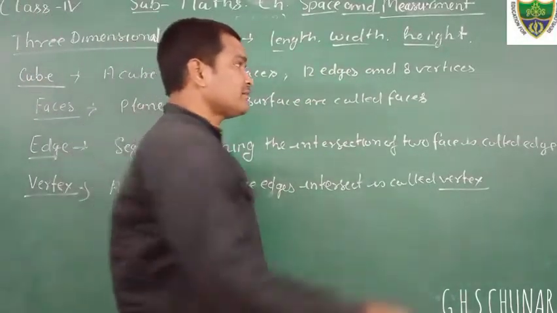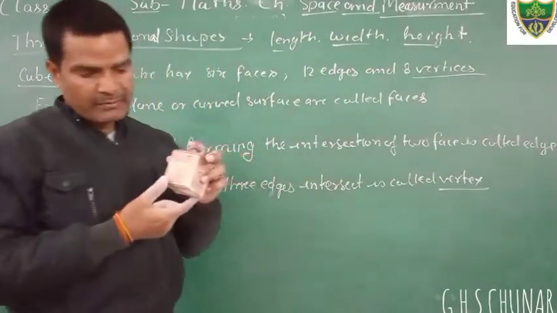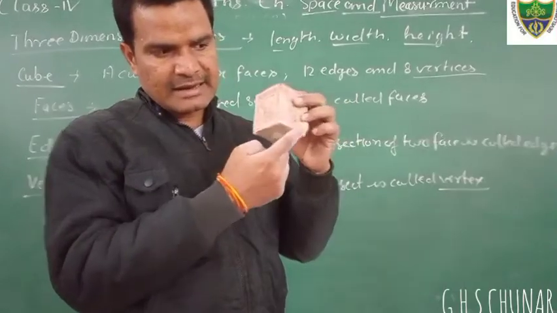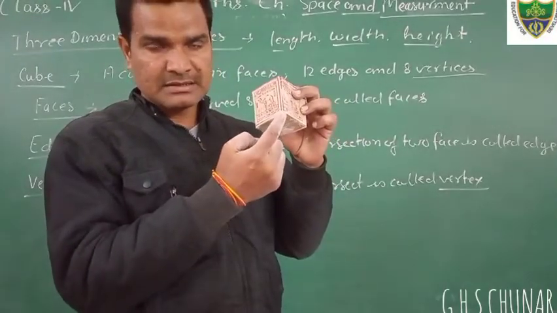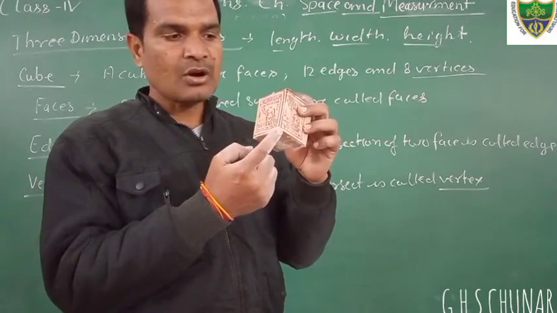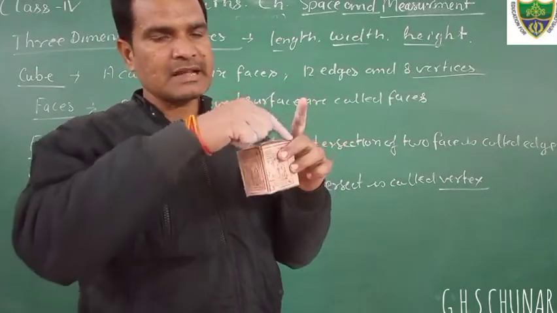This is the first edge, second edge, and third edge. This point is called the vertex. How many vertices? 1, 2, 3, 4, 5, 6, 7, 8.